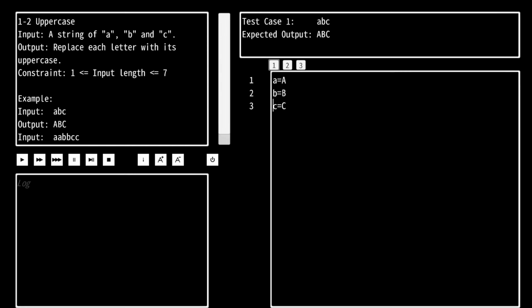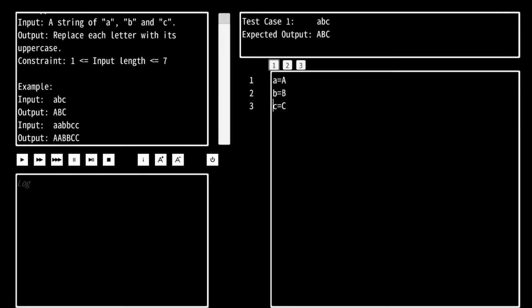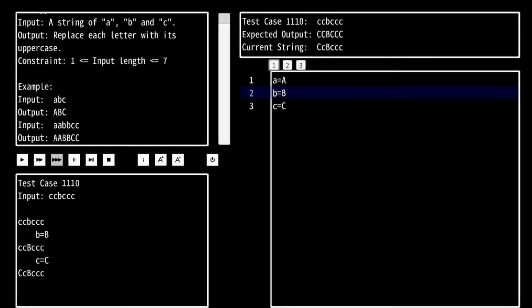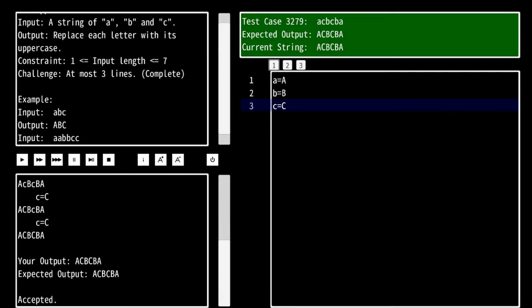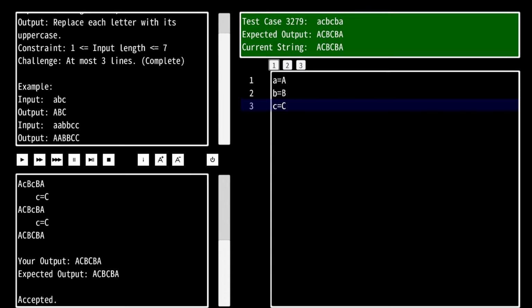We did it, guys. Constraint? Oh, input length. Okay. I mean, surely it's that simple, right? Yep.